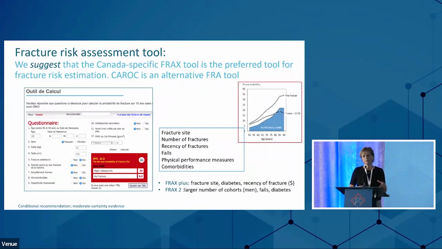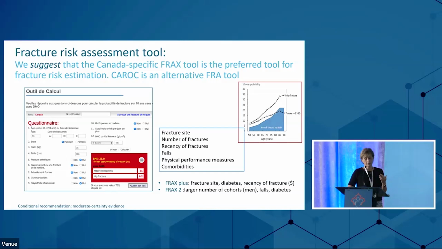But essentially, the FRAX tool tends to predict the risk for future fracture more accurately because there are more data points entered, and also because there's a new FRAX tool that will be coming out within the next 2 years or so, with incorporation of new important risk factors such as falls, possibly diabetes, and other medical conditions. So essentially, you do need to enter these data points. And if you are unaware of the answer, then you should conservatively leave it as no.